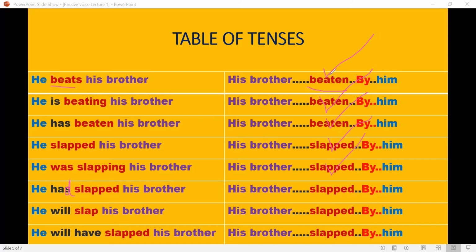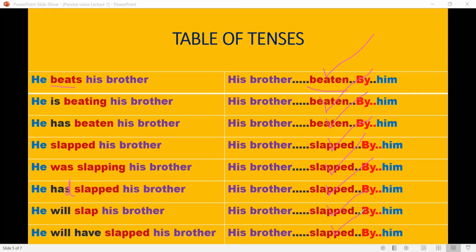In present indefinite, third form. Present continuous, third form. Present perfect, third form. Past indefinite, third form. Past continuous, third form. Past perfect, third form. Future indefinite, third form. Future perfect, third form.